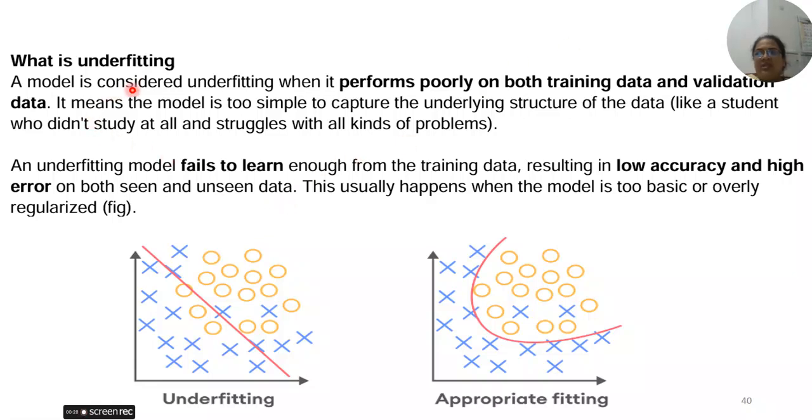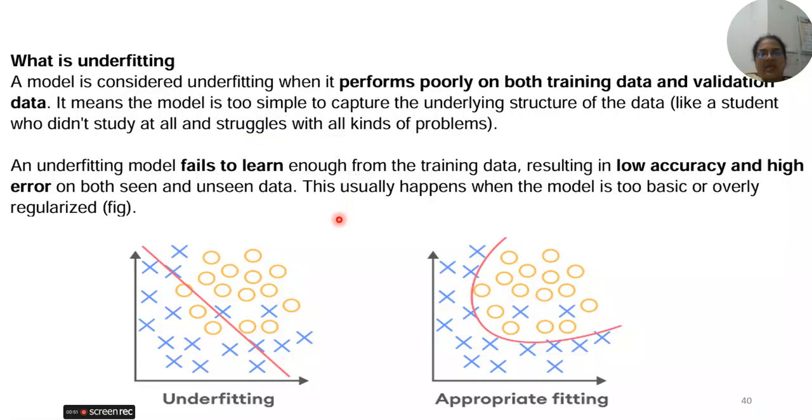A machine learning model is called underfitted when it performs poorly on both training and validation data. It means the model is too simple to capture the underlying structure of the data, like a student who didn't study at all and struggles with all kinds of problems.